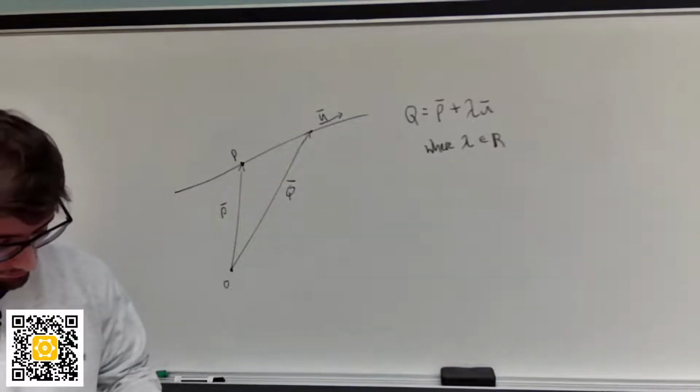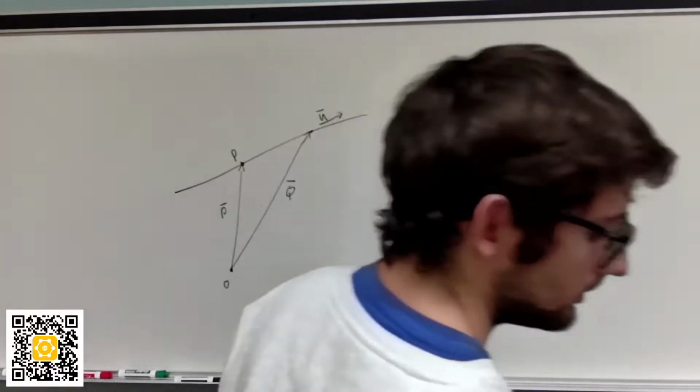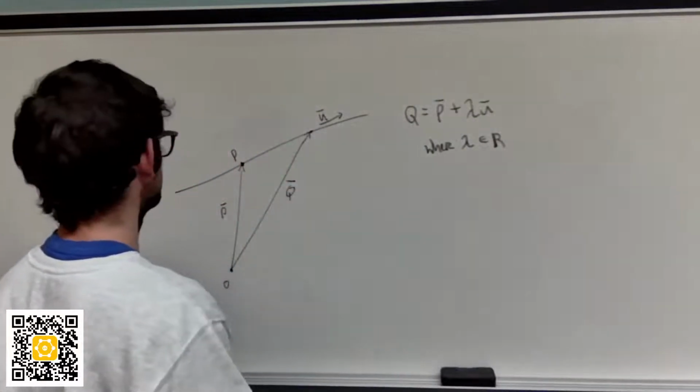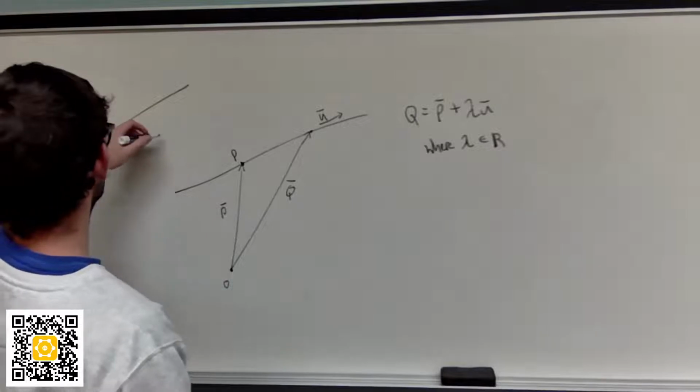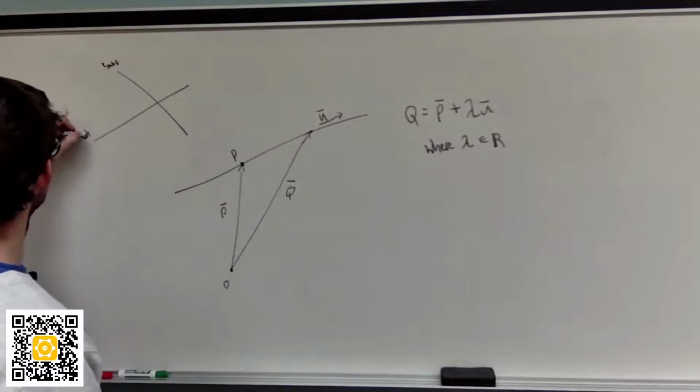Cool. So as we already went over, our goal is to pick a line. Let's say this is our line right here, call this base. This is the asteroid.